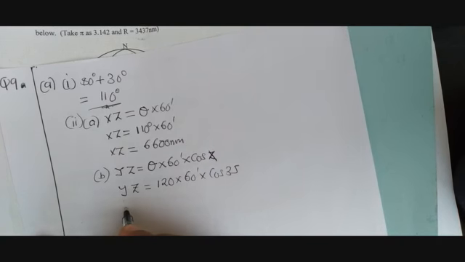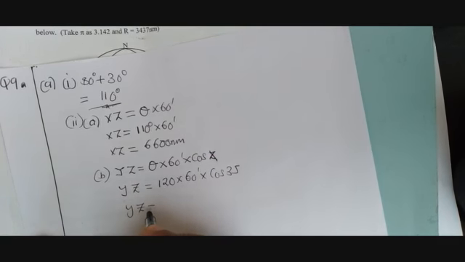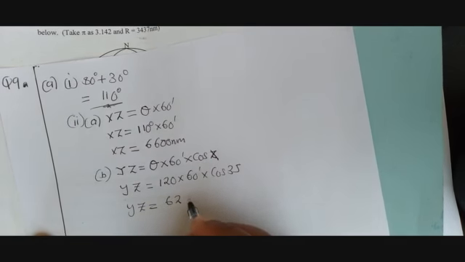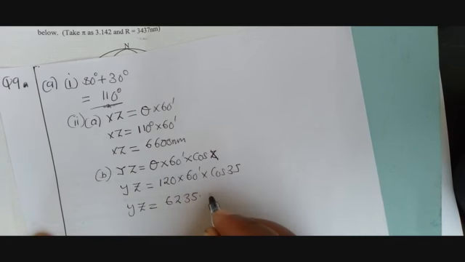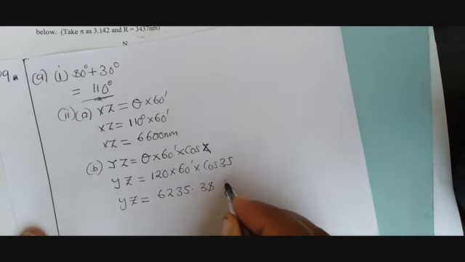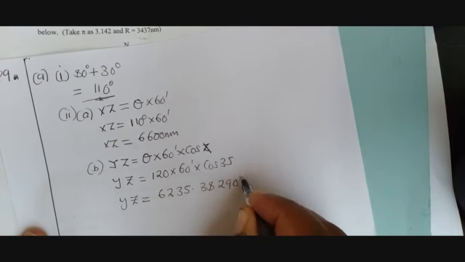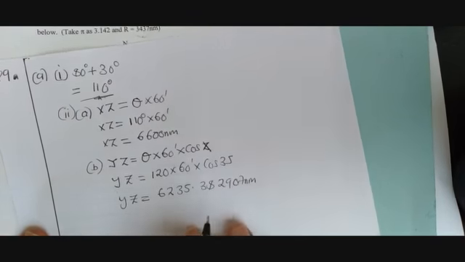All right, so YZ is equal to, when you work it out on the calculator, 6235.382907. Take note, this is paper 2, so you can use a calculator.